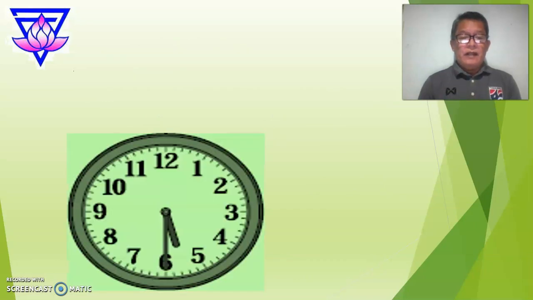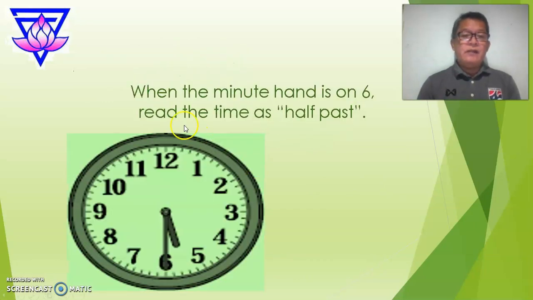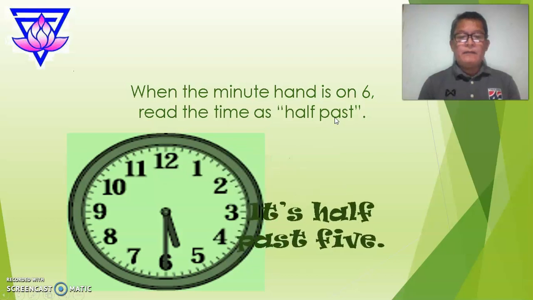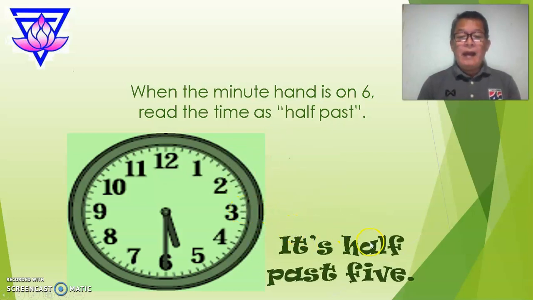The next one is when the minute hand is on 6, we read the time as half past. The long hand on the 6, we call it half past. So what time is it? It's 5:30. It's past 5 and it's half.